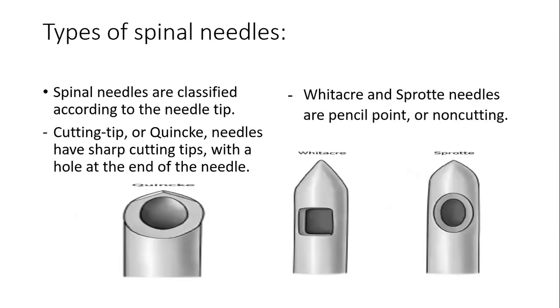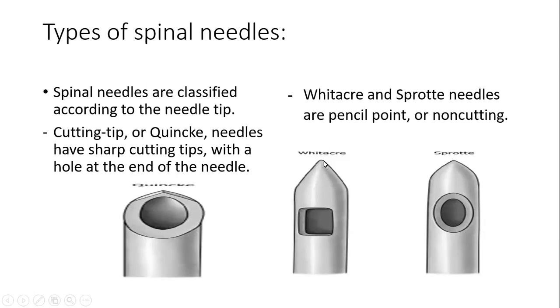I've mentioned this to you before. So, types of spinal needles. Spinal needles are classified according to the type. We have the cutting tip, or the Quincke needles. This is a cutting tip. What they do is they have sharp cutting tips with a hole at the end of the needle. Then we have the pencil point, or the non-cutting.